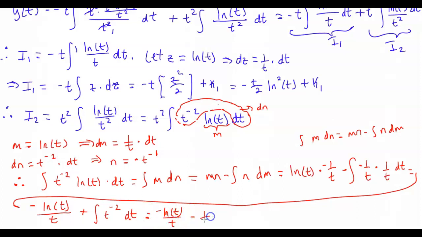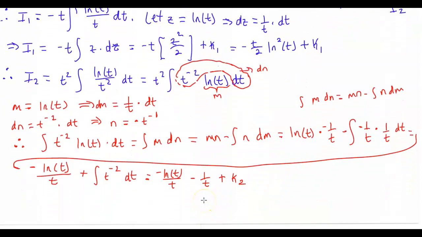And this will end up being -1 over t. And then I would have another integration constant that comes out from that. So now that we know what all that's going to be, I can take that and figure out what I2 actually is.